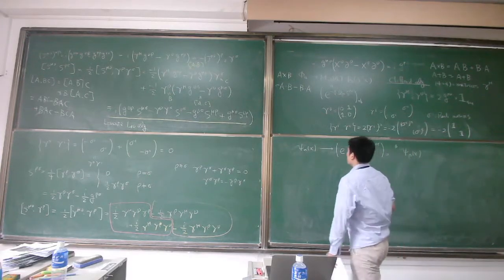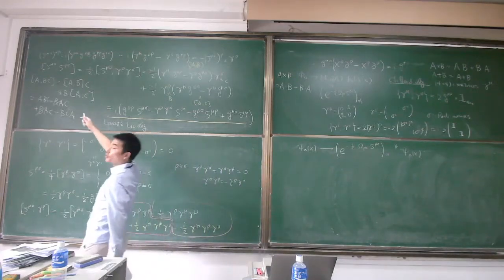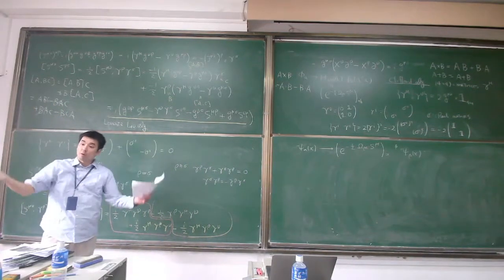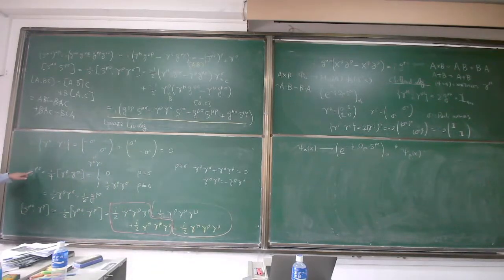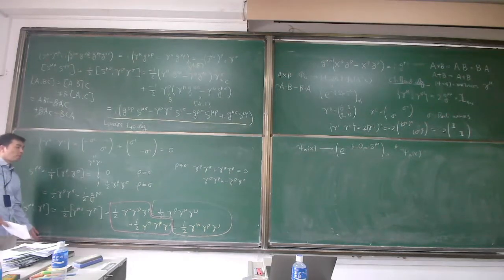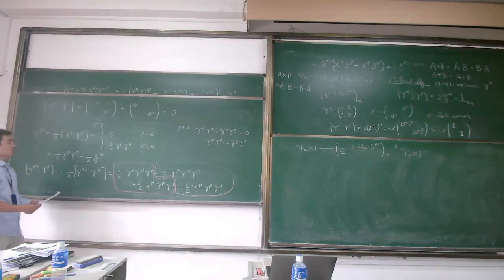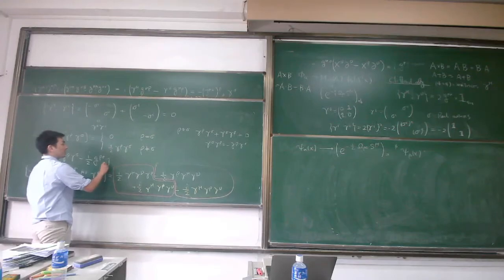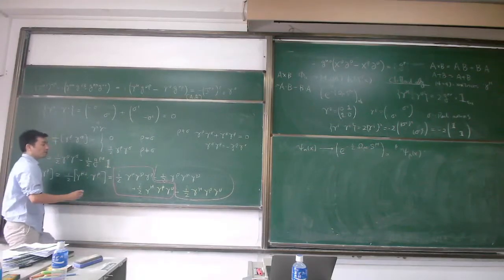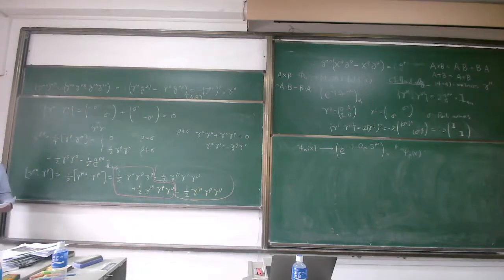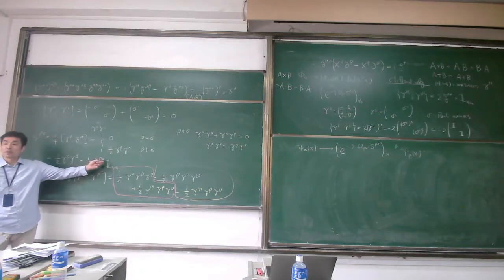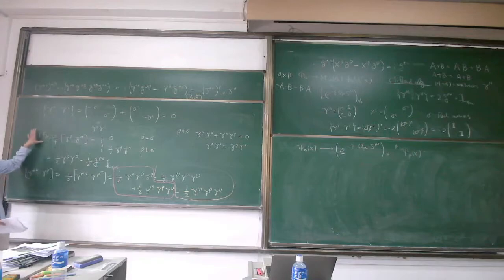Recall that each S mu nu is a 4x4 matrix. More precisely speaking, I should introduce the identity 4x4 matrix. The g mu sigma is just a number, but this gamma is a 4x4 matrix.